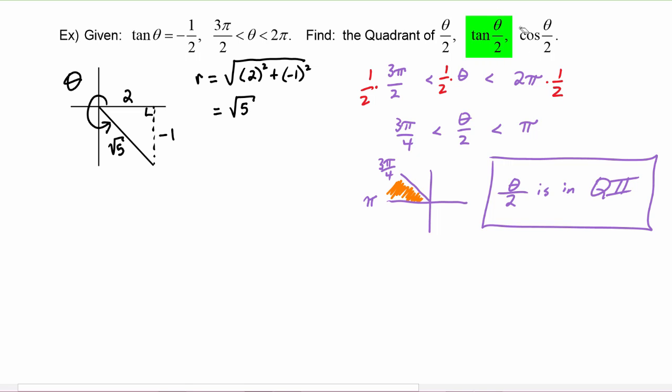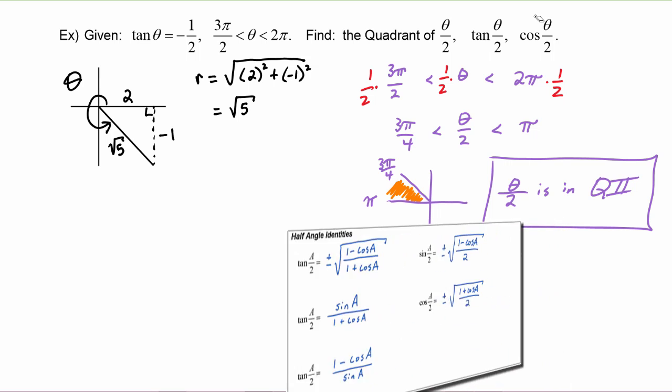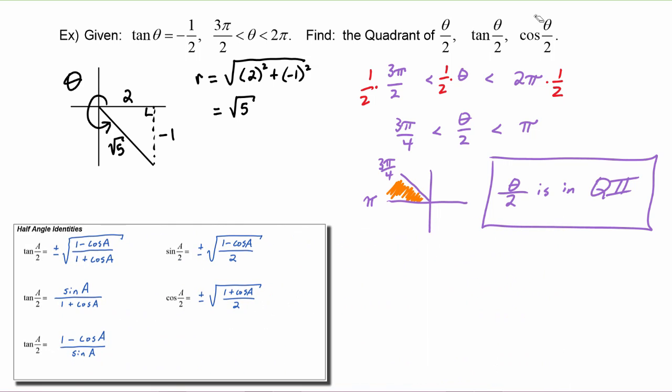Next, we have to find the tangent of theta over 2 and the cosine of theta over 2. Now, looking at our list of half-angle identities, we see we have several choices that we can use for tangent of theta over 2.